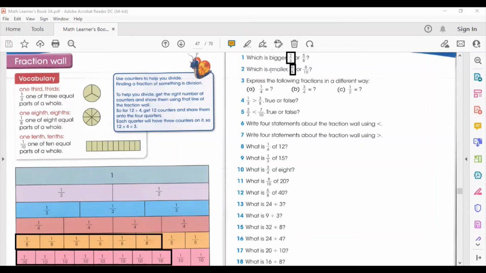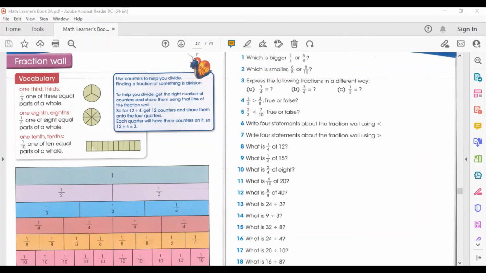Question number 3. Express the following fractions in a different way. 1 by 4, 3 by 4. Where is 1 by 4? This is 1 by 2. Sorry, this one.